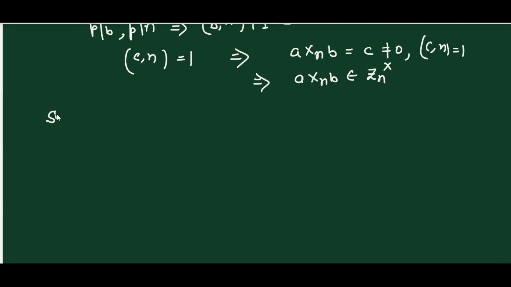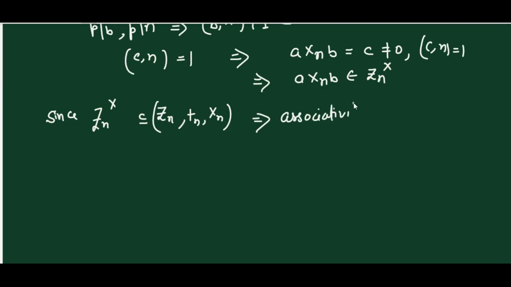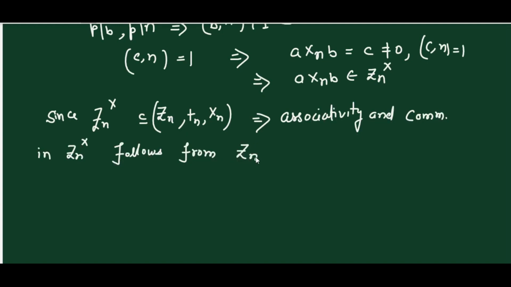Now, since Zn cross is a subset of Zn, therefore associativity and commutativity in Zn cross follows from Zn, because Zn cross is a subset of Zn, and Zn is a commutative ring with unity.